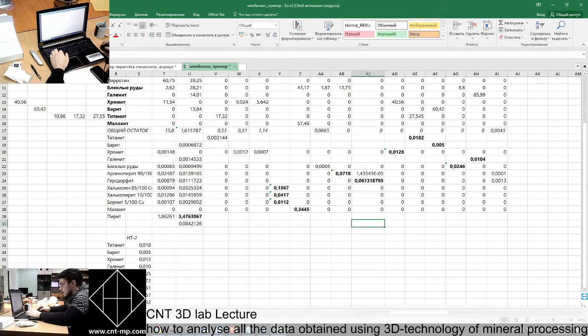But we are trying to get out of the dependence on the experience of our colleagues, and we are trying to fully automate all those analyzing processes.